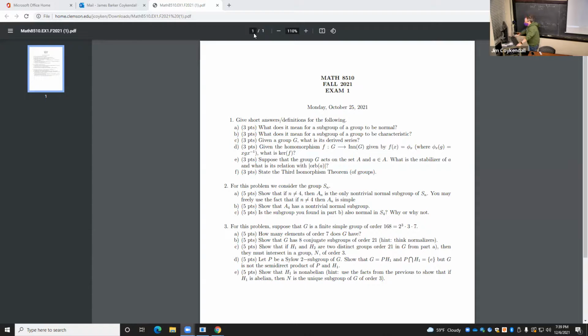And finally, we get to the crux, what was asked in the first place: show that H1 is not abelian. I figured out a better way to do this. Let's use the facts to show that if H1 is abelian, let's just try to prove this.